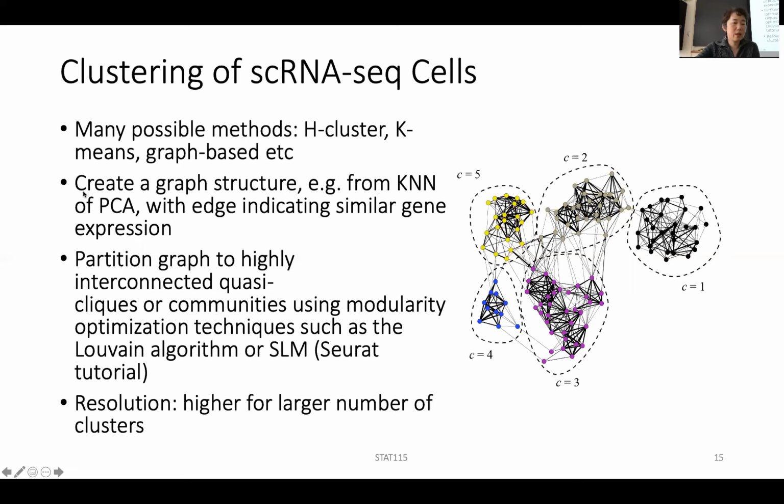The idea is you can first create a graph structure. For example, after PCA, each dot is represented by the top, say, 20 principal components, 20 numbers. Based on those 20 numbers, you can run k nearest neighbor to find the other cells that are similar. And if they're similar, you can draw a line between them.